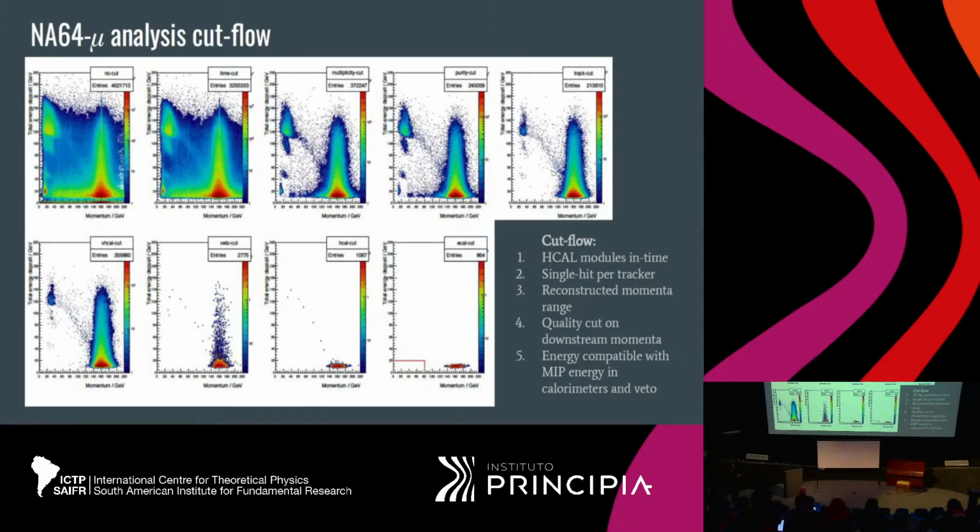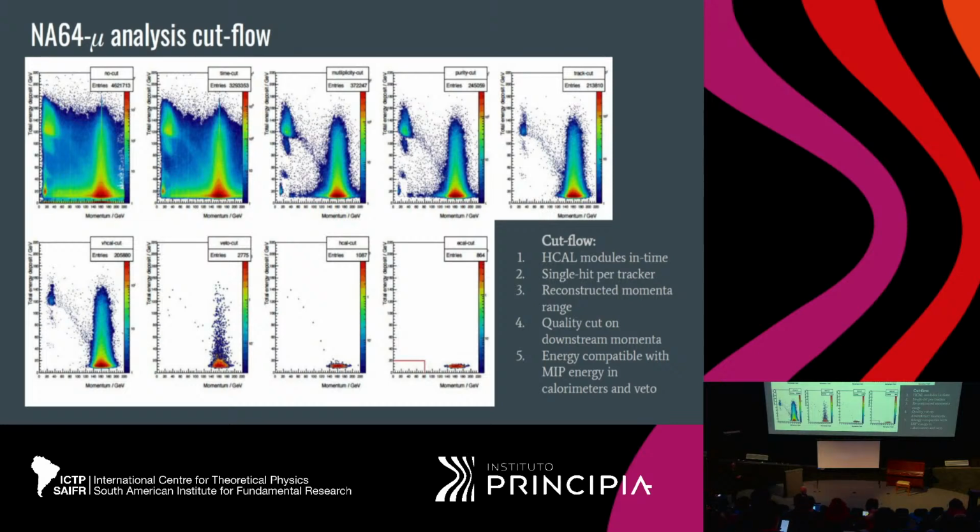And these are the different steps of the analysis. You can see that the spectrum of this hermeticity plot cleans up at every step, and at the end you are left with clean events, that is to say events where the muon crossed your system. You measure the momentum before, momentum after, and you have no loss of energy.